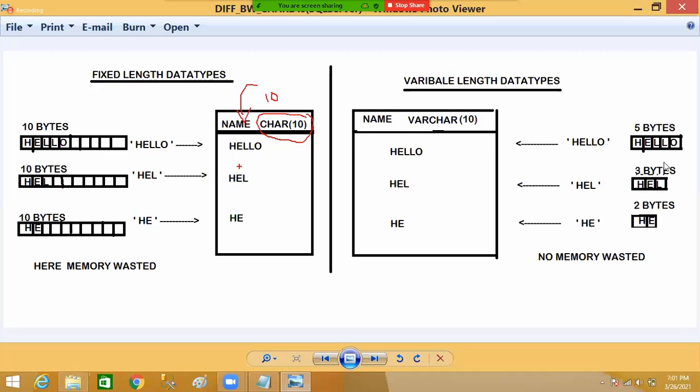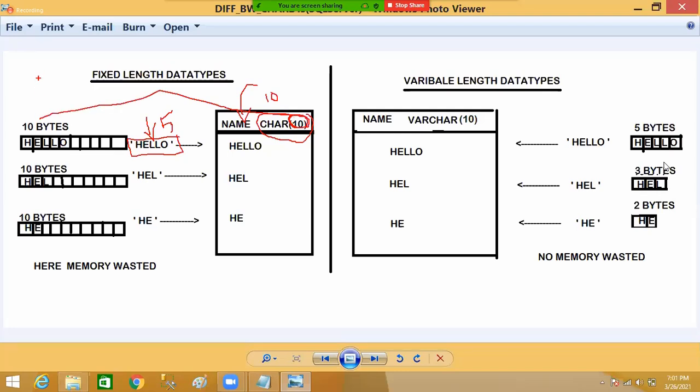But how it works: for example, you are inserting one string, hello. In this hello string, the total number of characters is 5. But at the time of column creation, the programmer assigned 10 bytes of memory.